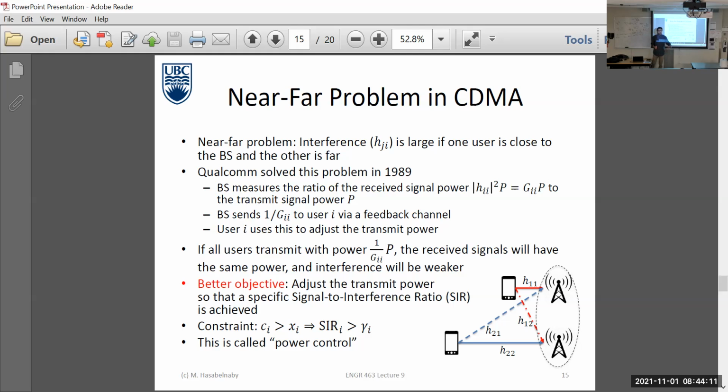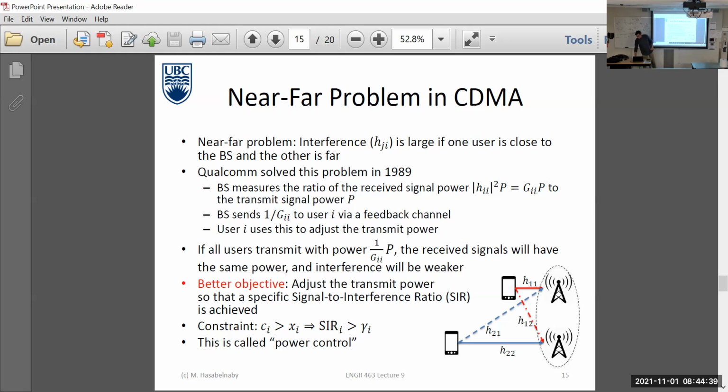How can we measure the quality of signal? Using SINR. So instead of telling users to transmit at equal powers, we will optimize our network to allow each user to achieve a certain predefined signal to interference noise ratio.